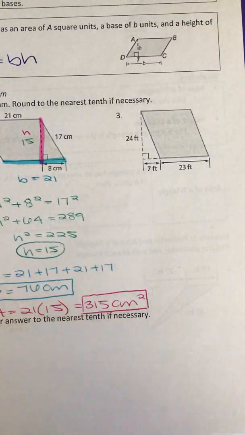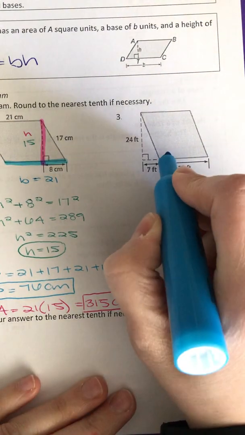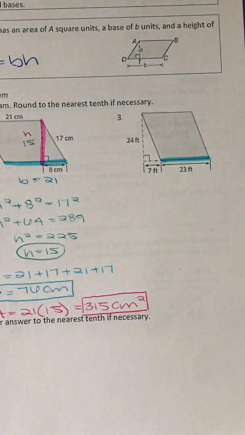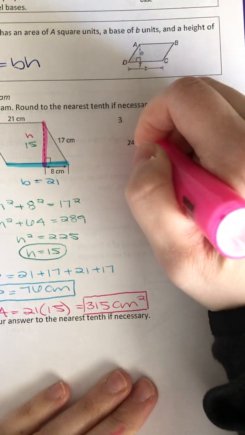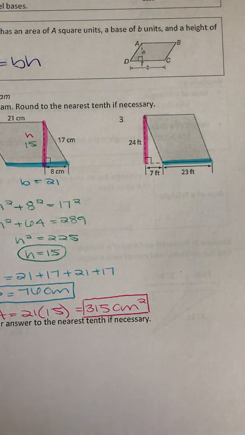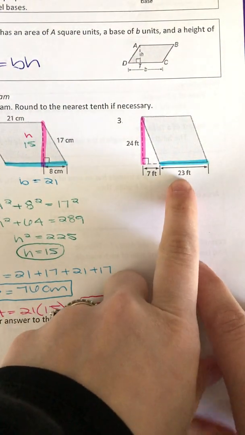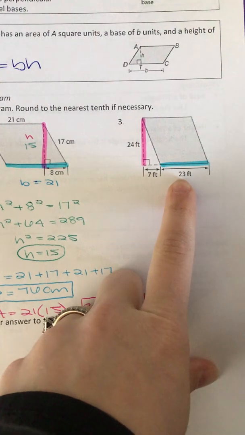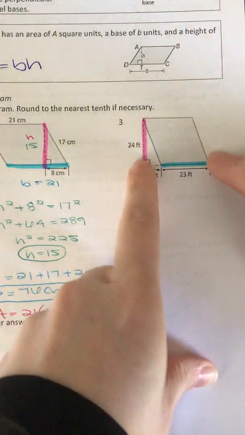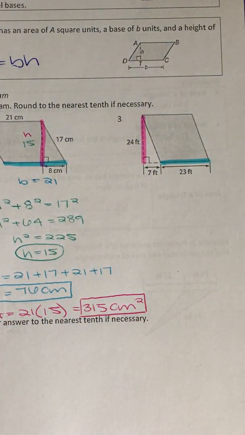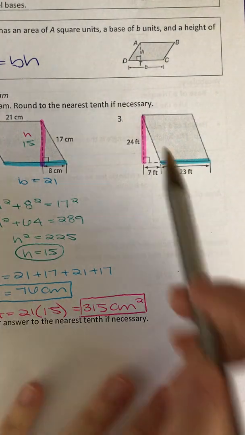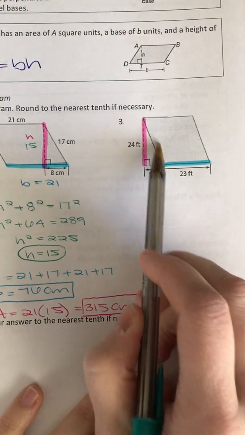The next problem, I again have my base and I have my height. So I'm all set for area, but when I do perimeter, because we're finding the perimeter of the shaded figure, I don't know what these two slanted sides are. So I have to use Pythagorean theorem to find what this side will be.